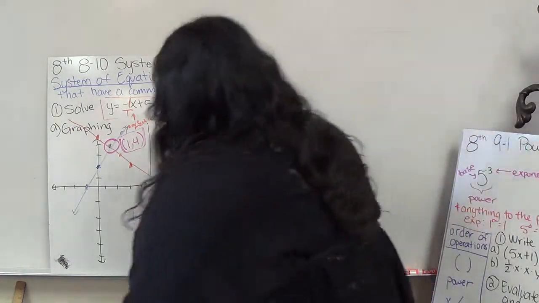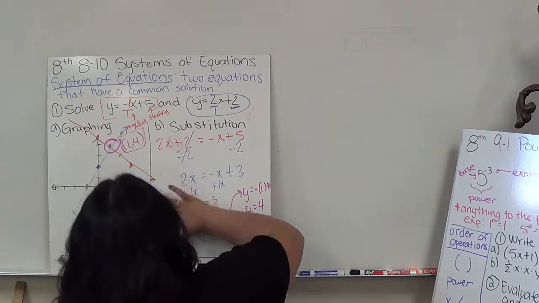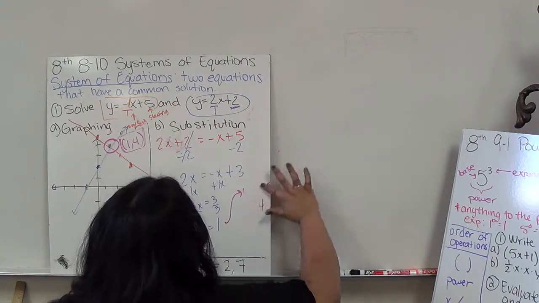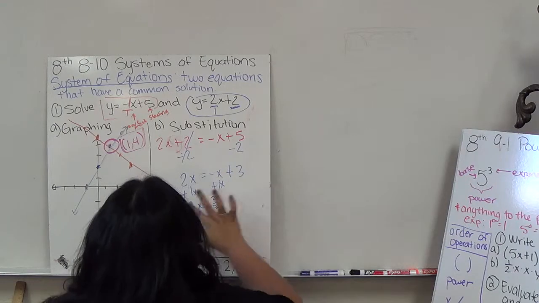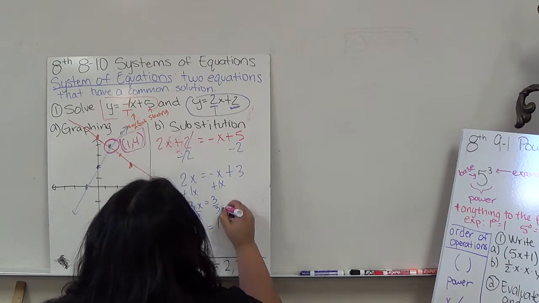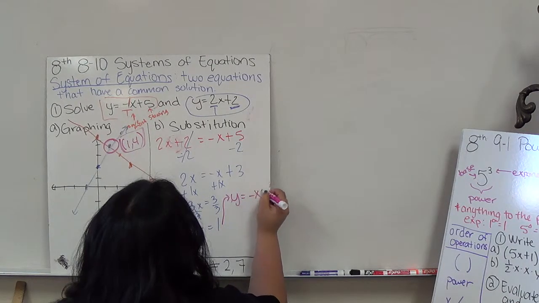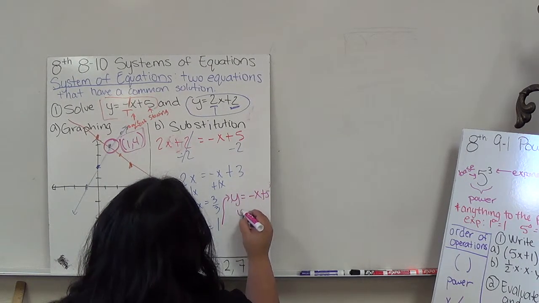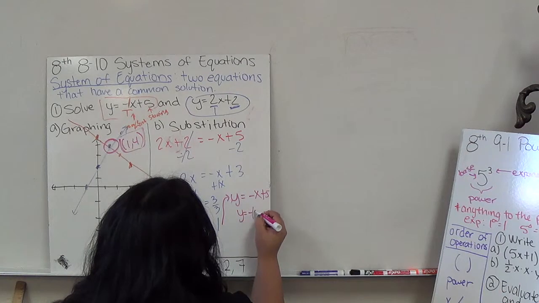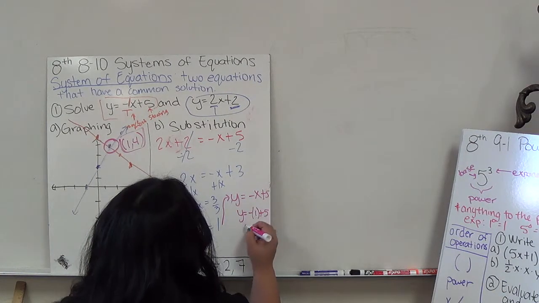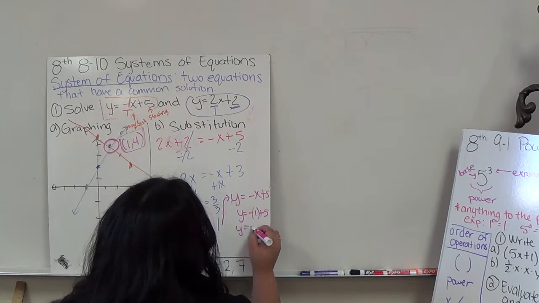Okay, I'm going to rewrite this. You can start writing this down, but this is the messiest ever. So this one I'm going to plug into y equals negative x plus 5. This gives me y equals negative 1 plus 5, which gives me y equals 4.